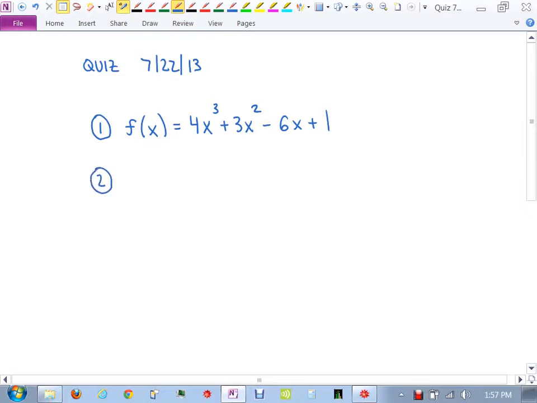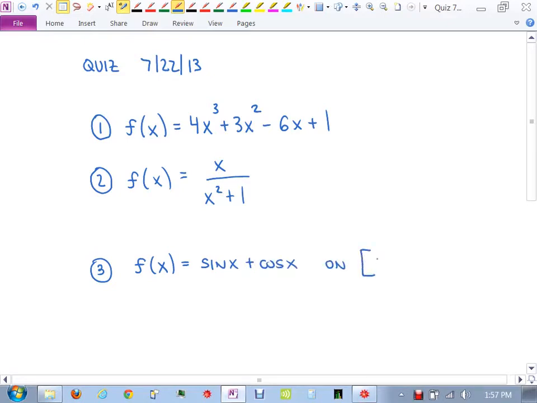Second one, f of x equals x over x squared plus 1. And the third one, f of x equals sine x plus cosine x on the interval 0 to pi.